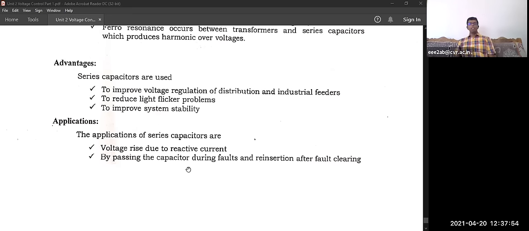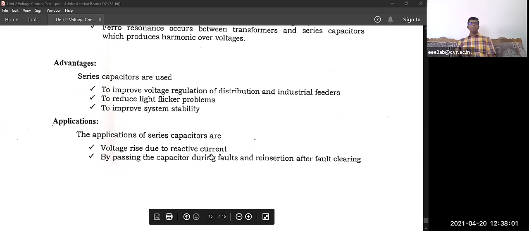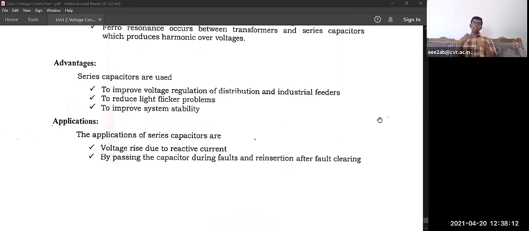If you don't bypass, this capacitor will increase the fault current to double, so the current will increase enormously. Then you have to increase the size of the equipment in the substation, some other transformers, and the size of the conductor might also increase.